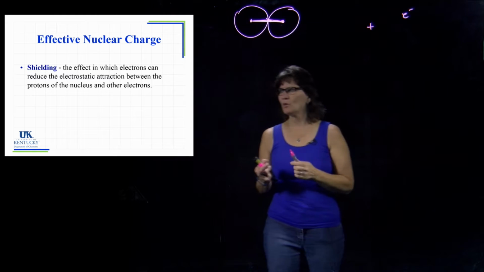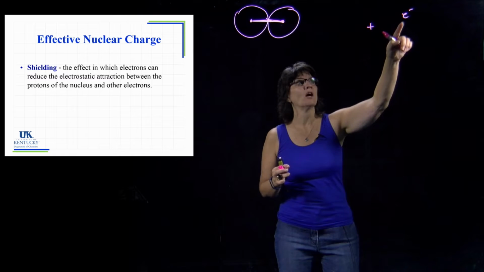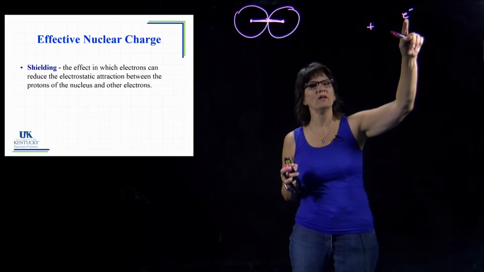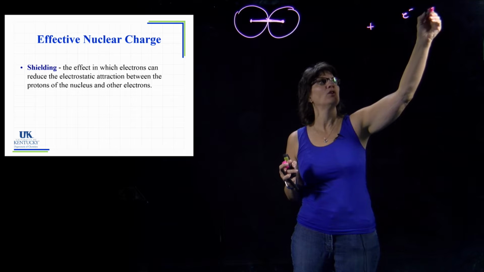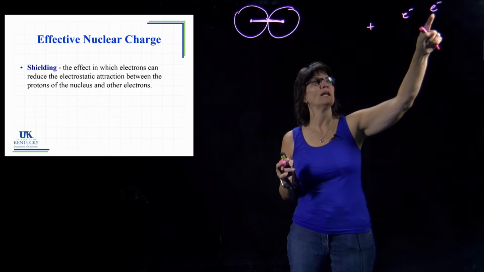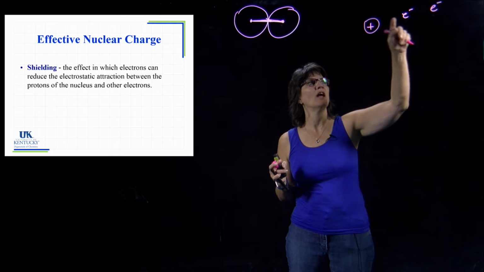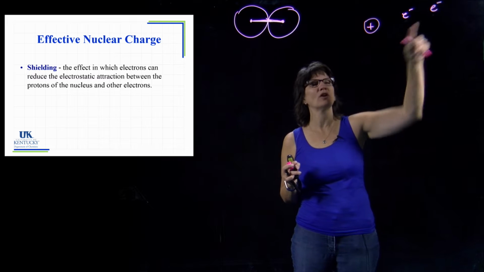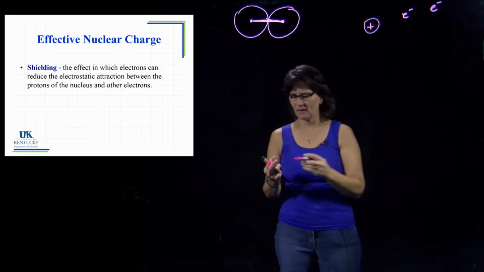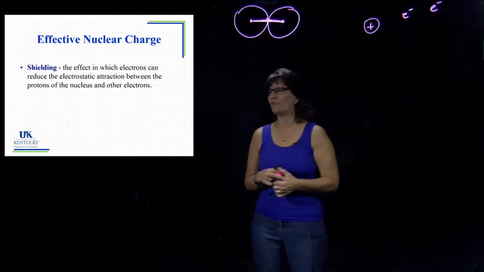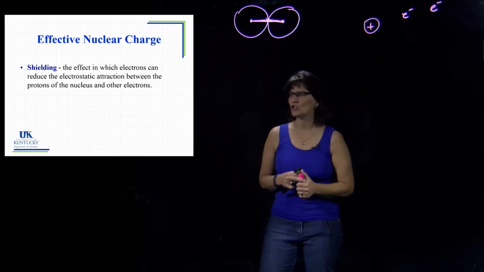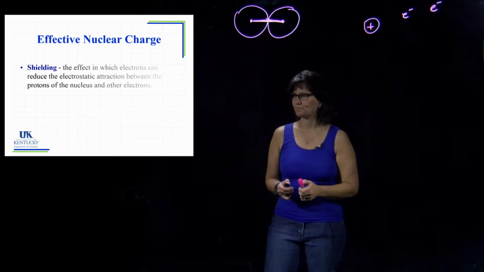Some electrons can reduce the pull of another electron toward that nucleus. So there's an electron here, there's a nucleus here. This electron can shield that electron from feeling the entire effect of that nucleus. And that's what we call shielding.